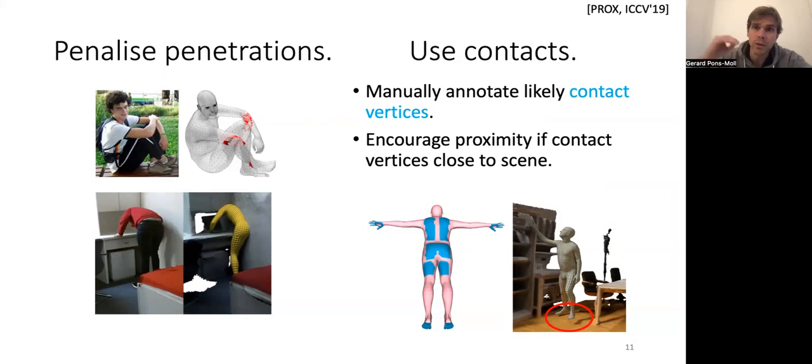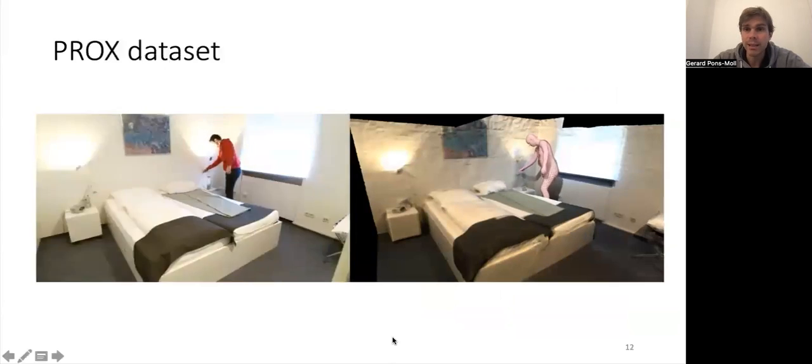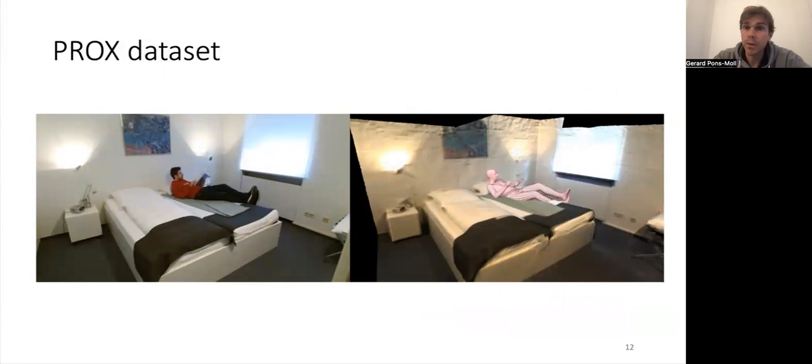So you would detect which vertices of the SMPL model have penetrated and then push them out by minimizing this distance. And so this is essentially based on optimization, and here the 3D scene is not estimated, it is assumed to be known. And they empirically show that the results can improve if you know the 3D scene in advance, which makes a lot of sense.